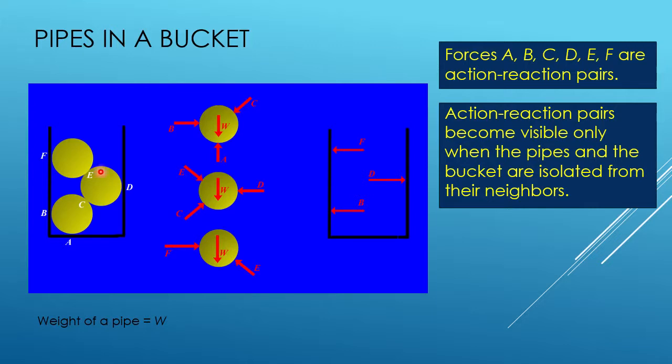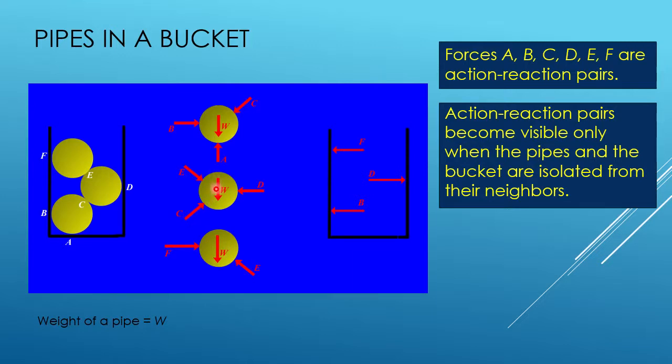Similarly, if we separate this circular object, we will see the action-reaction forces C and C. So this C is the push from the upper object on the lower object, and this C is the push from the lower object onto the upper object.